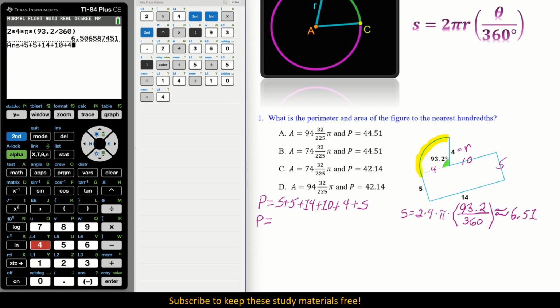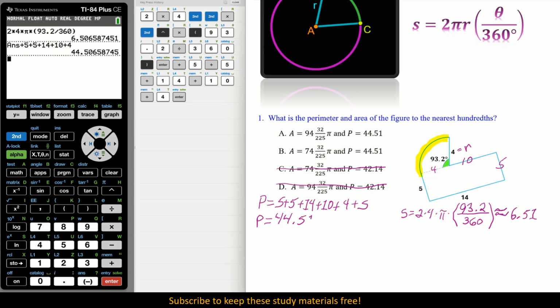So that's all of the numbers, and then we're adding it to our 6.5, and press enter. And that's what we have. We round a bit. 44.51. Yes. So that means that C and D are no longer options. Let's put this down. 44.51. Okay, we have that.